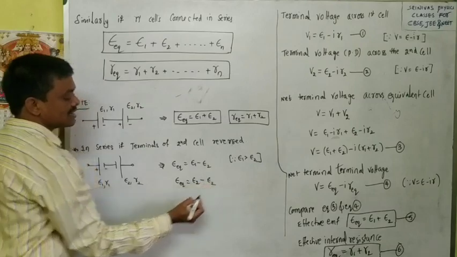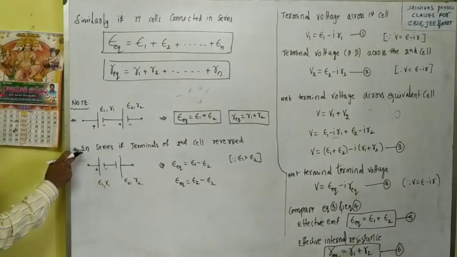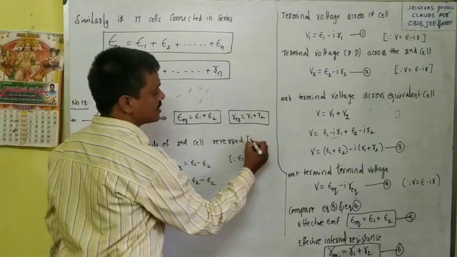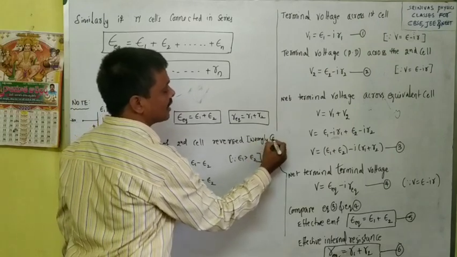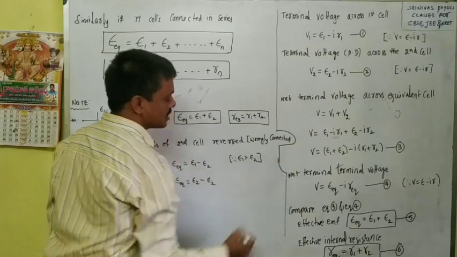If the cells are connected wrongly in series, that is, if the terminals of the second cell are reversed, that means wrong connection, right?